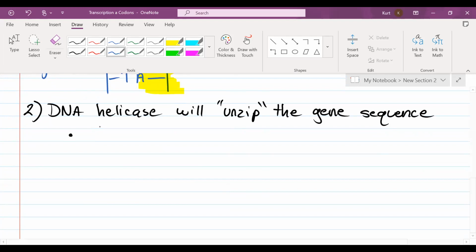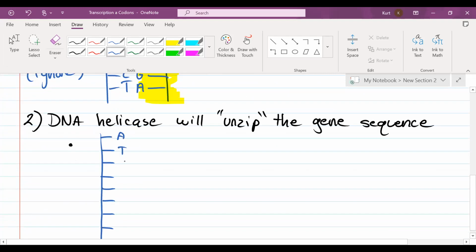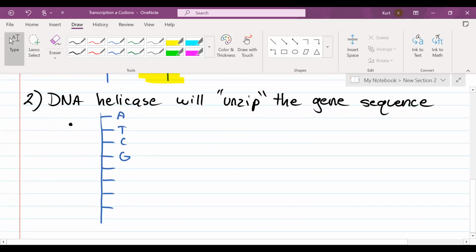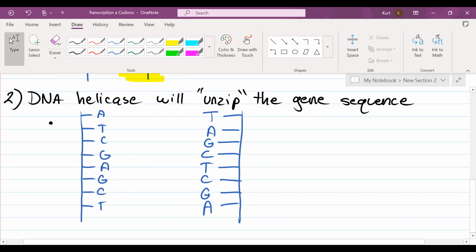So let's basically just draw the gene that you guys did, but with plenty of space in between the two sides. A, T, C, G, A, G, C, T. All right.